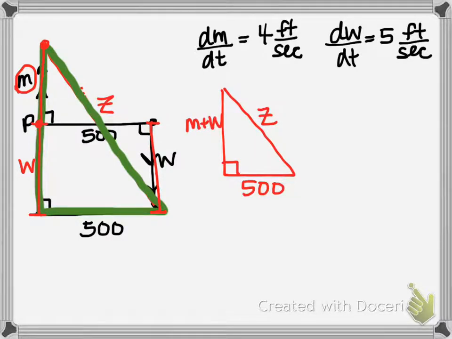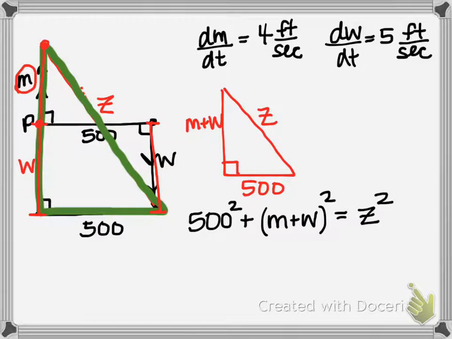So now we have a good right triangle with all three sides labeled. So the relationship between the three sides of a right triangle will be the Pythagorean theorem. The base, which is 500 squared, plus the height of this triangle, which is (m plus w) squared, is equal to the hypotenuse squared, which would be z squared.